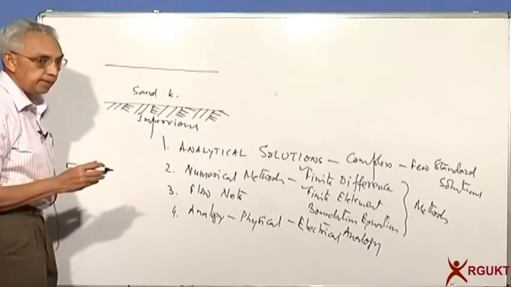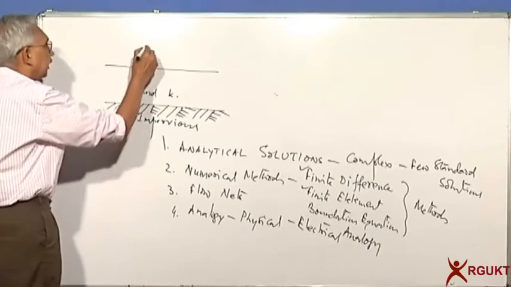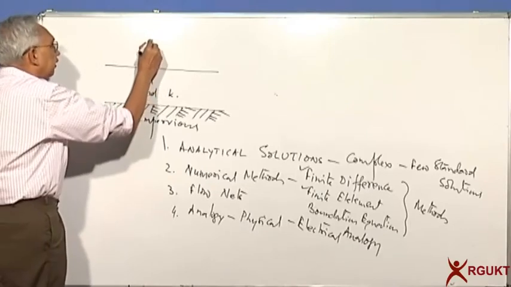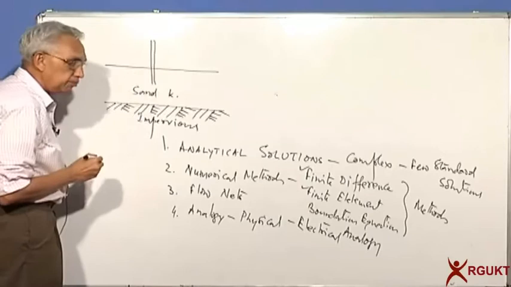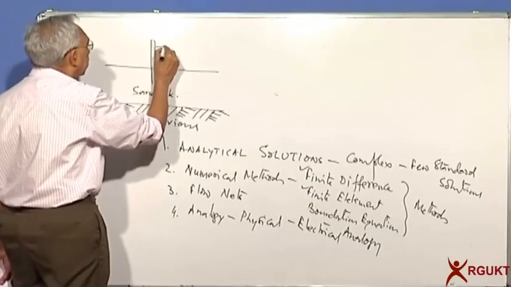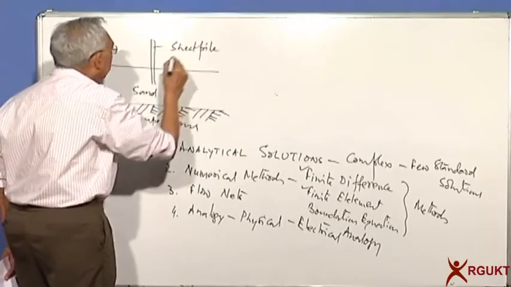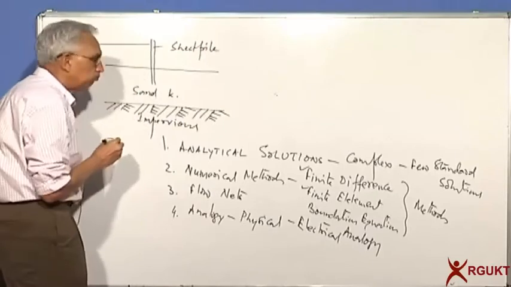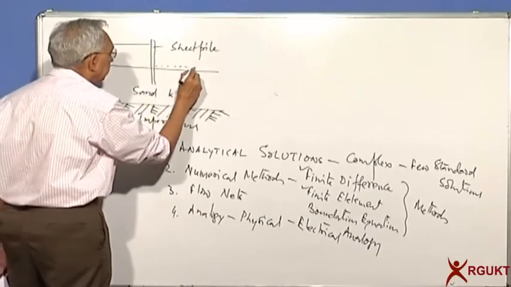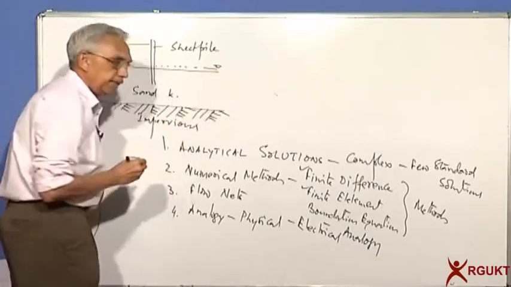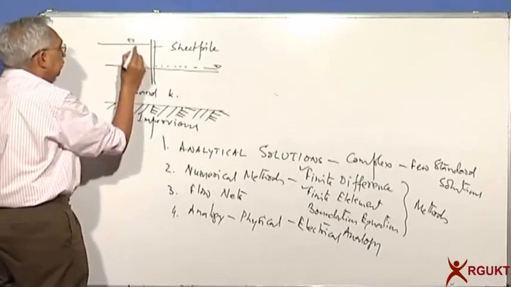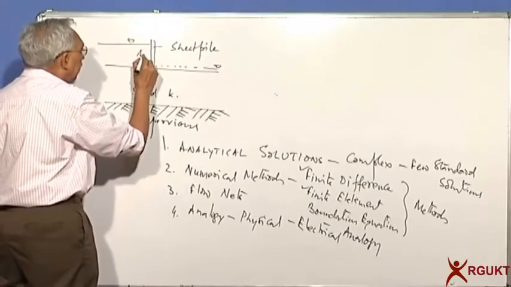You want to build a reservoir. So what earlier was done, when they had a lot of cheap steel material, you could have a sheet pile and then you can store water here. On the downstream side, maybe the water level is slightly above the ground, but upstream you are able to store up to a height h.